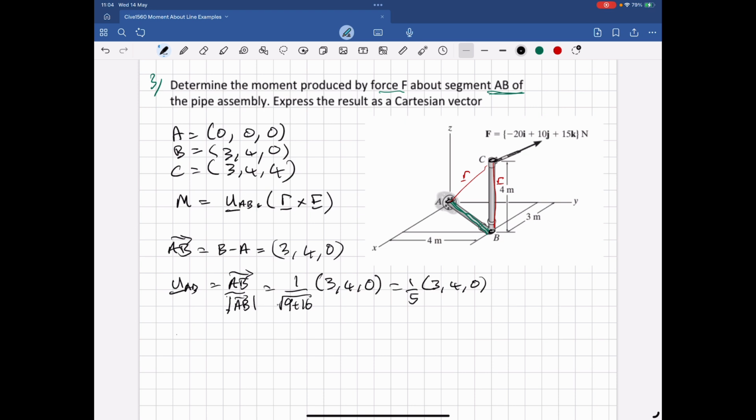Let's also, while we're doing this, work out the vector BC, and the vector BC is C minus B, which equals 0, 0, 4.